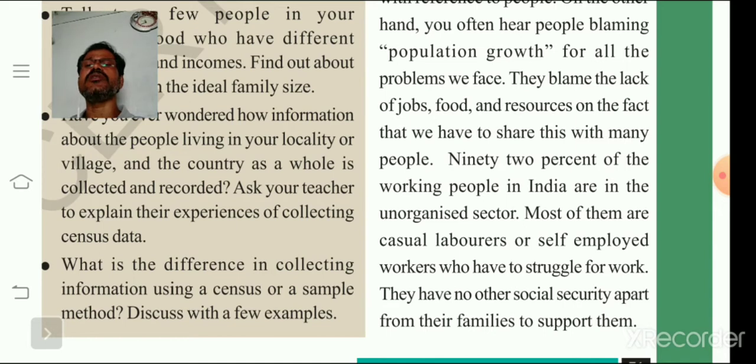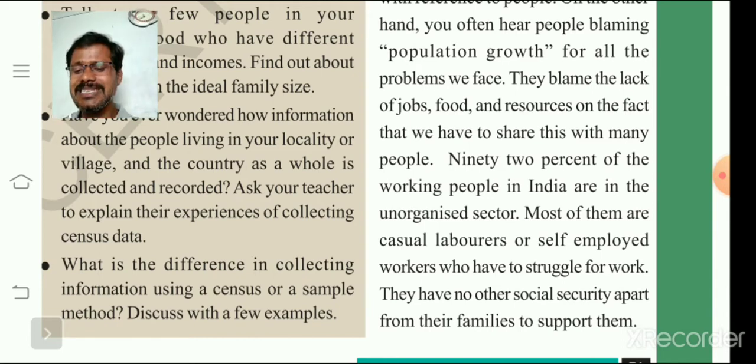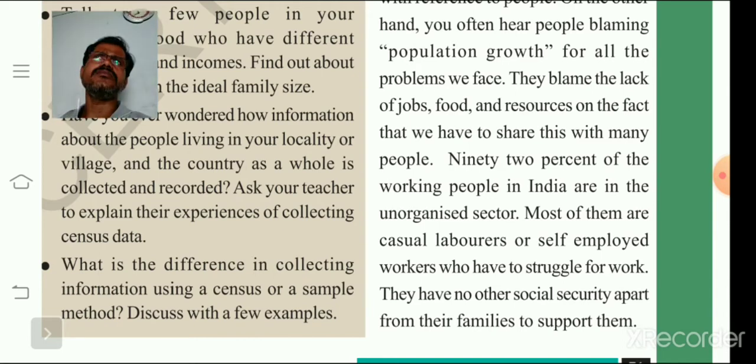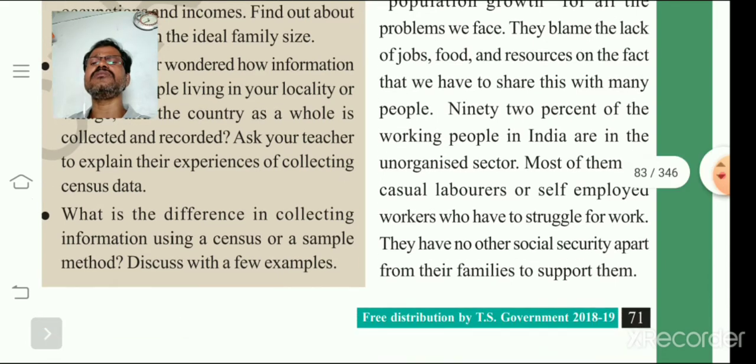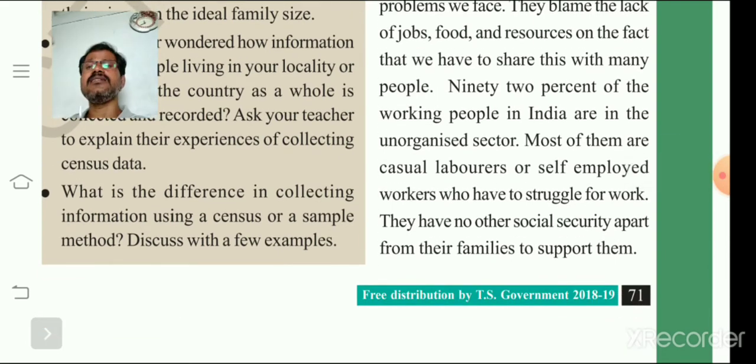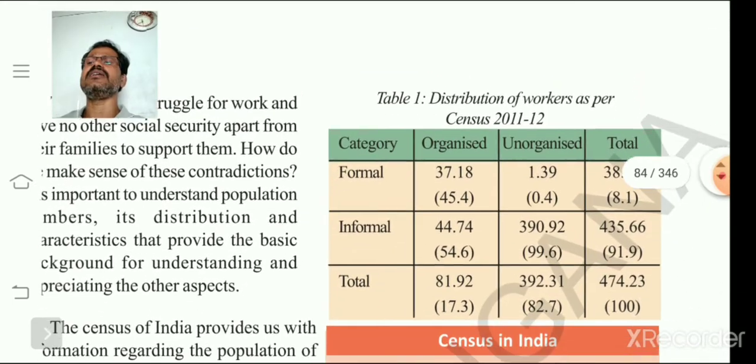Resources are also not meeting our needs. So to know all these things, we need to study the population and its size, how the population is distributed everywhere.